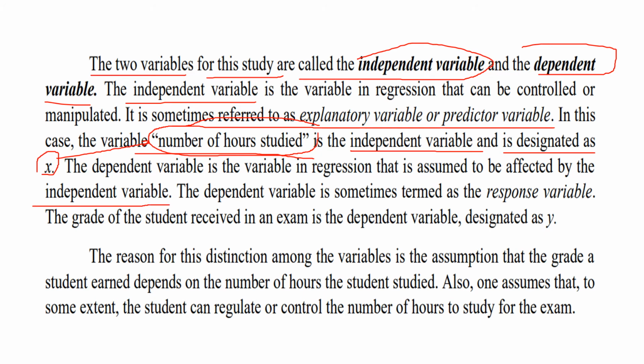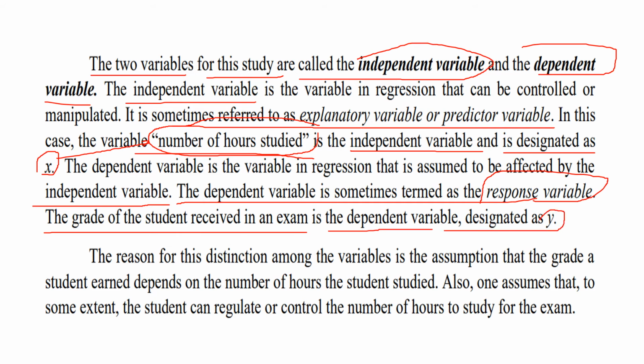Yes, because your grade will always depend on the number of hours we studied. If the number of hours is your independent variable, then the grade is the dependent variable, which is sometimes termed the response variable. You need to take note of this. The grade the student receives in an exam is a dependent variable designated as y. So we use variable y to represent the grades of the students.